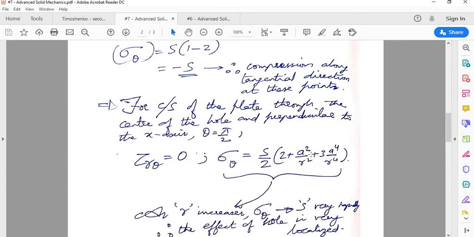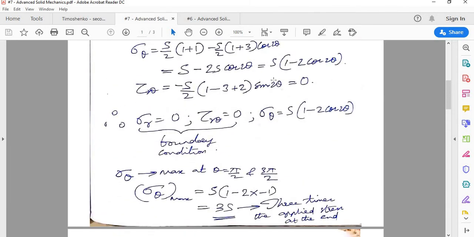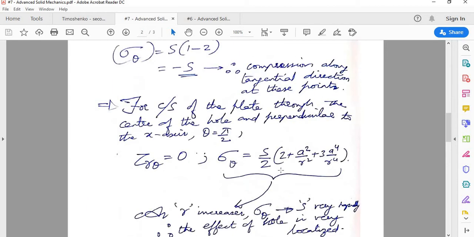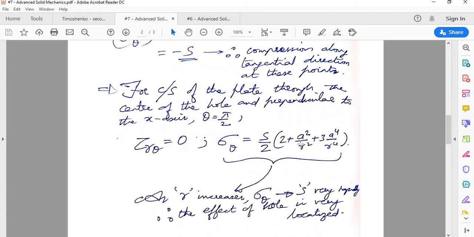Here if you substitute, of course, r equal to a, we will get sigma theta equal to 3 times s, which is what we have already seen. That is the maximum stress. And here you have a square by r square and 3 into a raised to 4 by r raised to 4. So as radius increases, this quantity reduces tremendously.